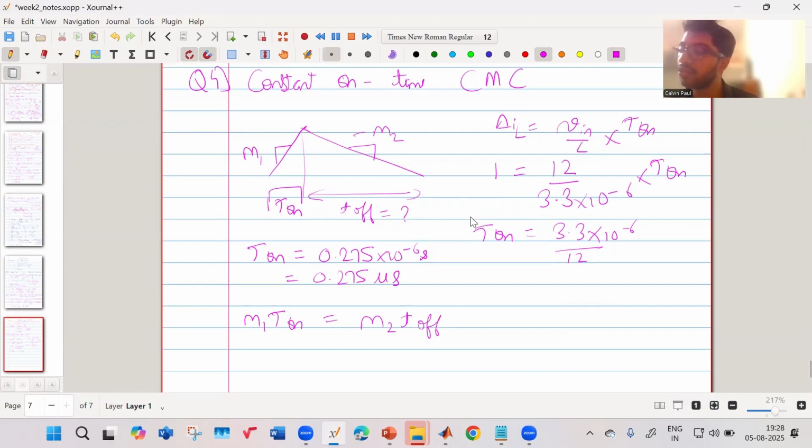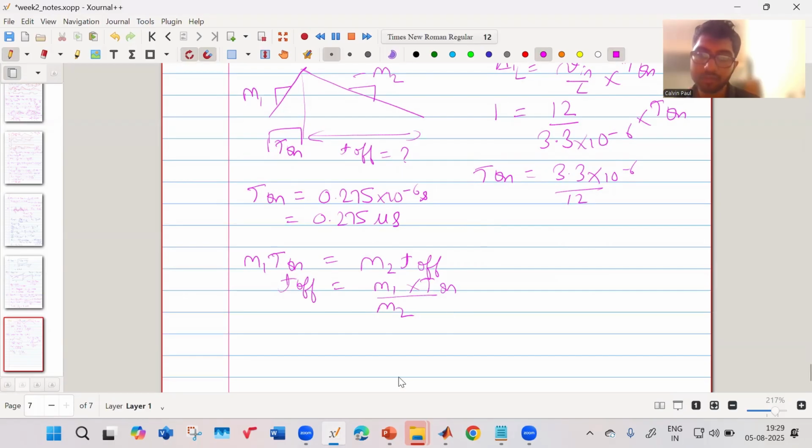So your T off will be equal to M1 into T on by M2, right? M1 is given by V in upon L. M2 is given by V output minus V in upon L into T off. So your L and L get cancelled.